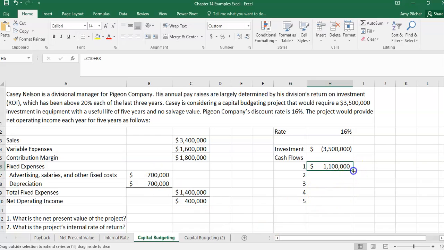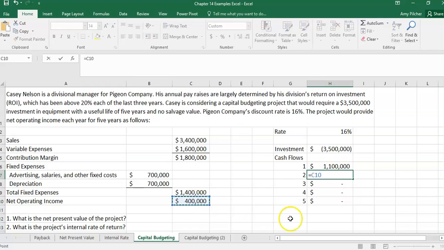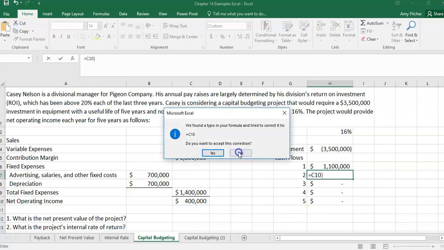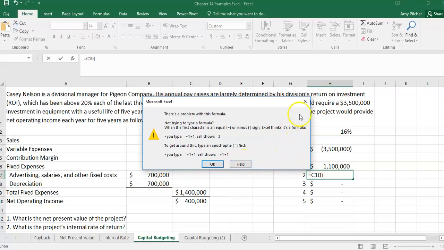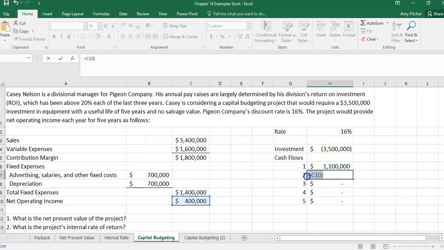So we have cash flows of 1.1 million for every year. No, actually, what I want to do is this.